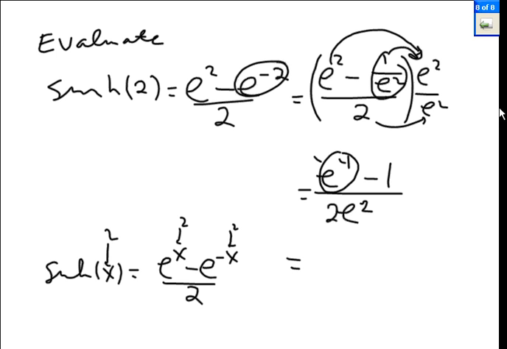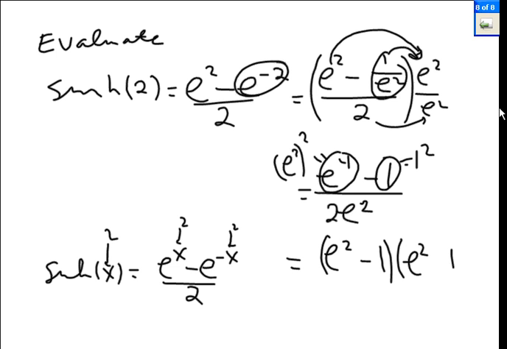What's being squared here? E squared is being squared. What's being squared here? 1. It's a difference of squares. Write down the things that are being squared, namely e squared and 1. Write them down twice. Put a minus in one bracket and a plus in the other bracket. The bottom is 2e squared.